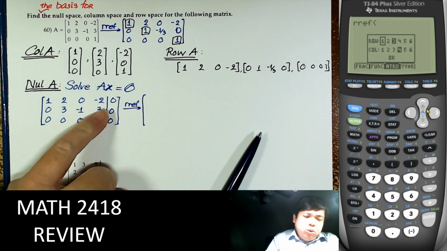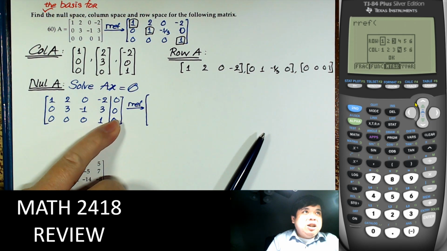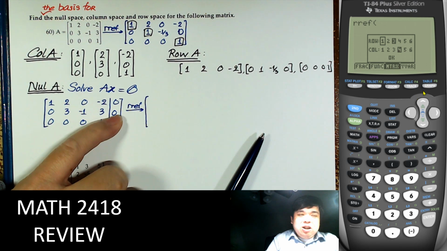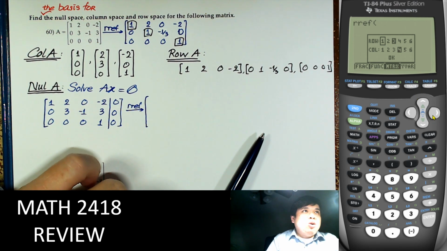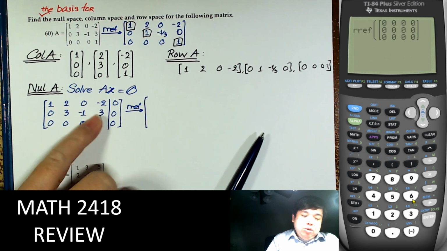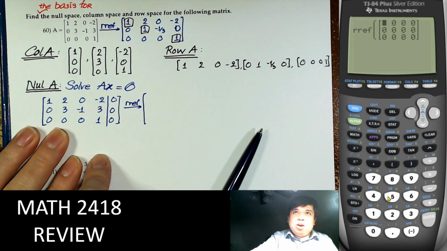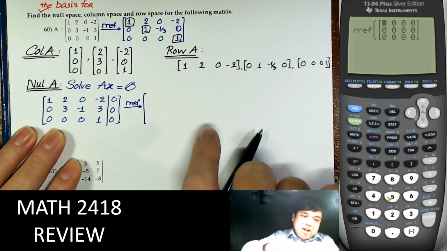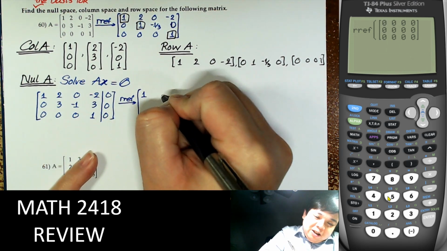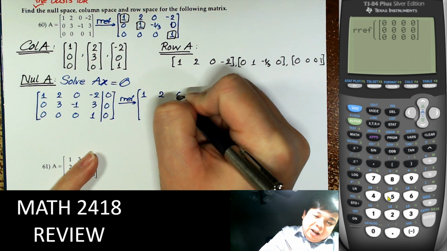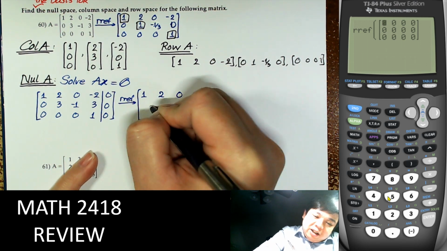Actually, we don't really need to enter the last column here, because it's all zeros, the last column is always 0. We just reduce to echelon form on the left hand side here. The right hand side is going to be 0. So basically, we're just going to have exactly the same thing on the left hand side here.